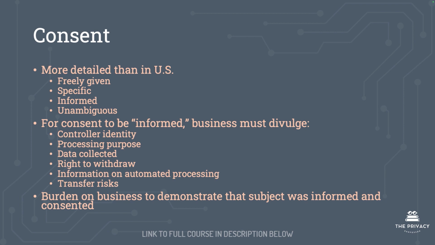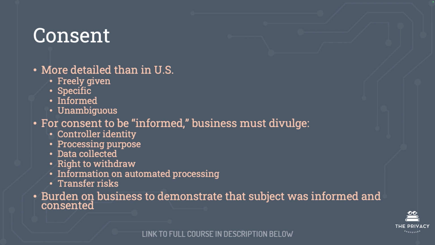The concept of consent in the GDPR is different than it is in the US. In the GDPR, consent is more detailed. In the GDPR, consent must be freely given, specific, informed, and unambiguous. For consent to be informed, the business must divulge the data controller's identity, the purpose for processing the data that is going to be collected, and provide the data subject with the right to withdraw.